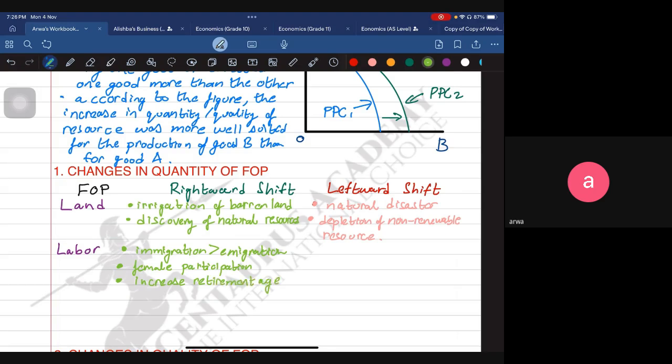On the other hand, how can the labor quantity decrease? So if there's more emigration than immigration, very good. So now the emigration is more than the immigration. What else?